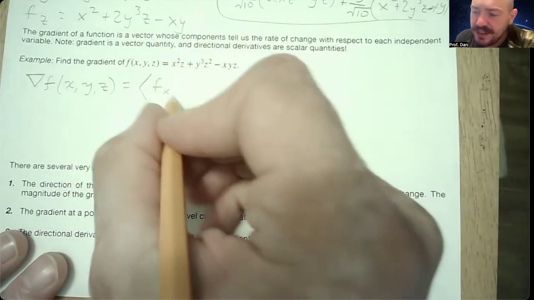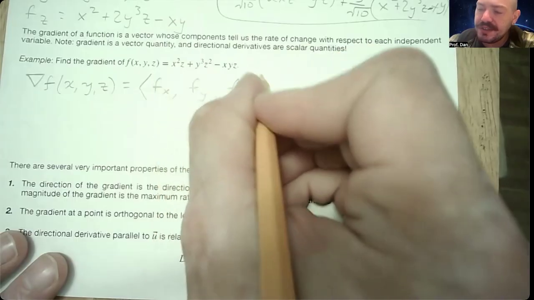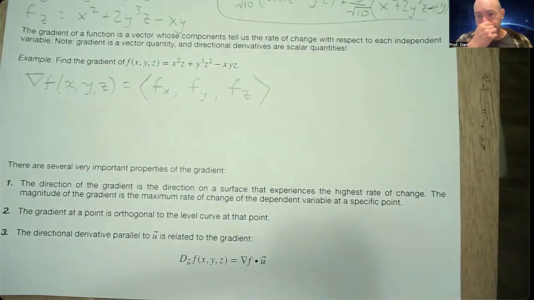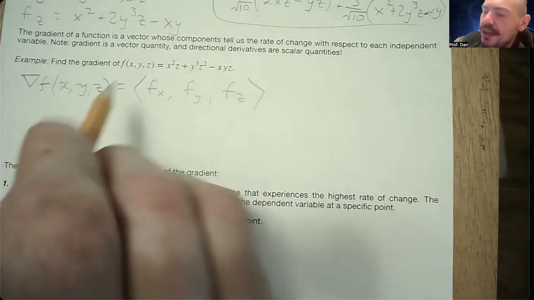First component is fx, second component is fy, third component is fz. So the gradient is comprised completely of just first partial derivatives with respect to each of the variables in the function. The mustache is making me sneeze.